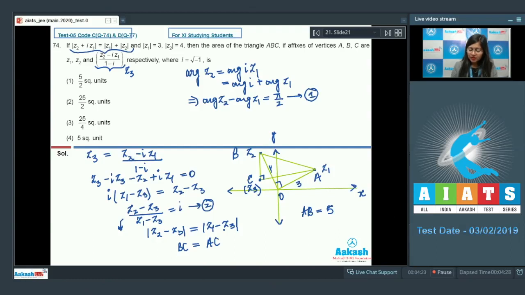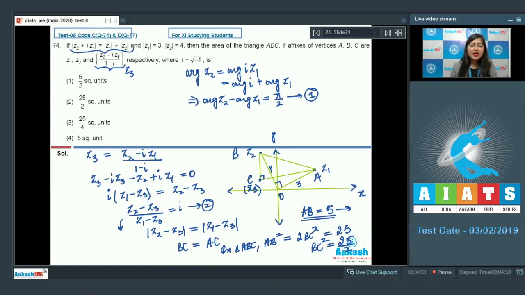So in the triangle ABC, we can say that AB square is equal to BC square plus AC square. But as AC is equal to BC, this is equal to 2 times BC square. Now AB square is equal to 25 from this equation. So from here we find that BC square is equal to 25 by 2.